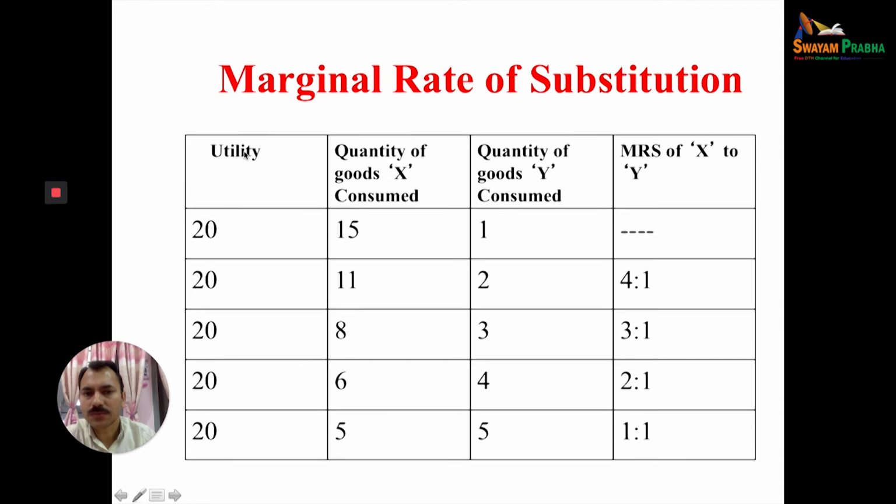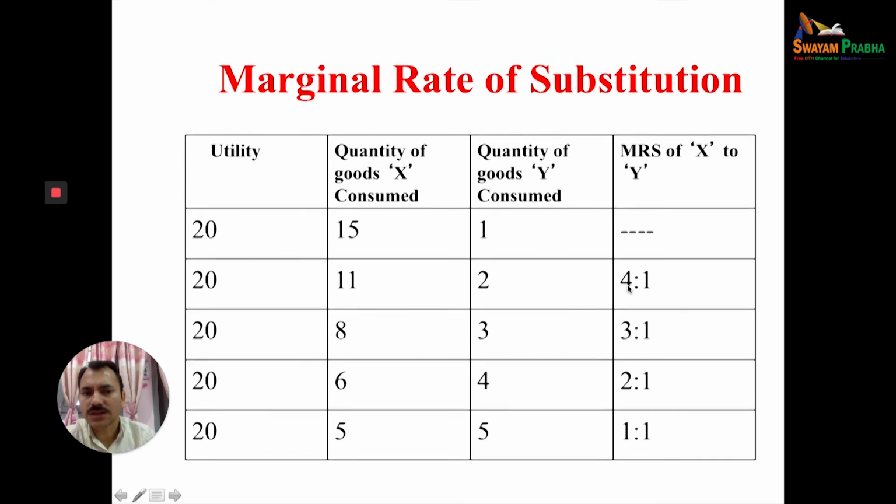Like this, utility is the same, 20, 20, 20, 20, 20. There is no change in utility. If the consumer purchases 15 of X and 1 of Y, 11 of X and 2 of Y, the satisfaction level remains constant. 8 and 3, 6 and 4, 5 and 5.